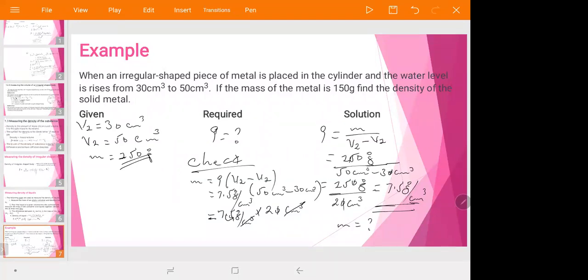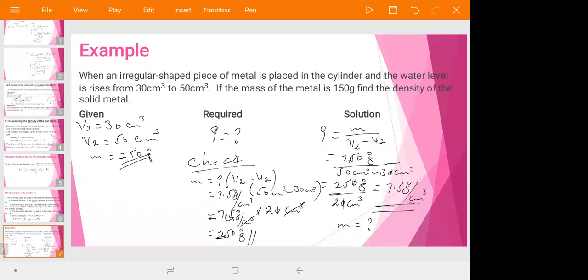Therefore, 75 times 2 gram is 150. Have you seen how we can check by yourself? If you are given such an expression and want to know whether your answer is correct or not, you can check by applying such an equation.